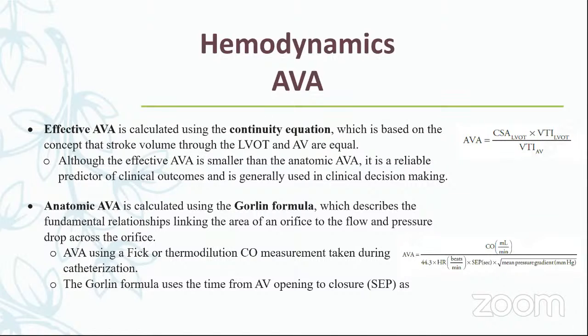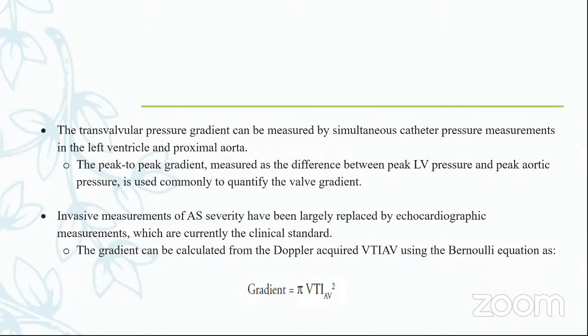As we see, this is the Gorlin formula. The transvalvular pressure gradient can be measured by simultaneous catheter pressure measurements in the left ventricle and the proximal aorta. The peak-to-peak gradient, measured as the difference between the peak LV pressure and the peak aortic pressure, is commonly used to quantify the valve gradient.